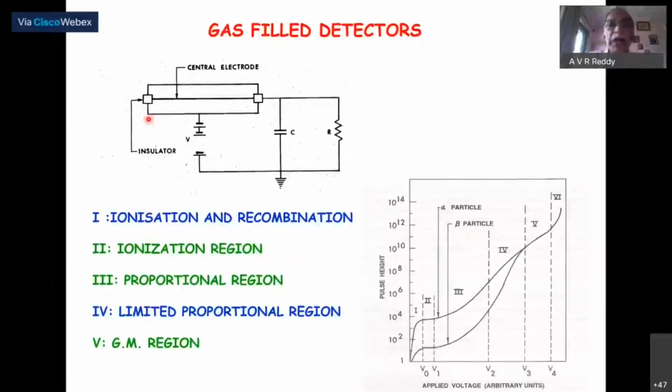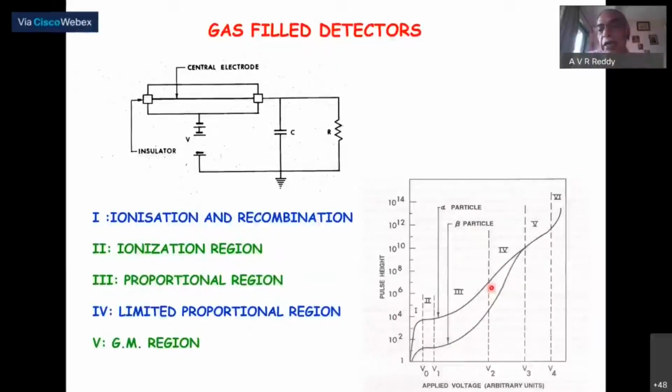Therefore, you will feel as if you have another electrode, this positive sheath layer. In other words, the electric field which is expected to be generated will be reduced. Two things we have to remember here. With the voltage, multiplication is increasing, but at the same time it is not increasing as expected, like in the proportional region.